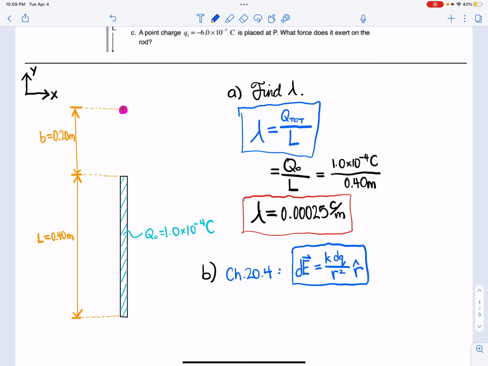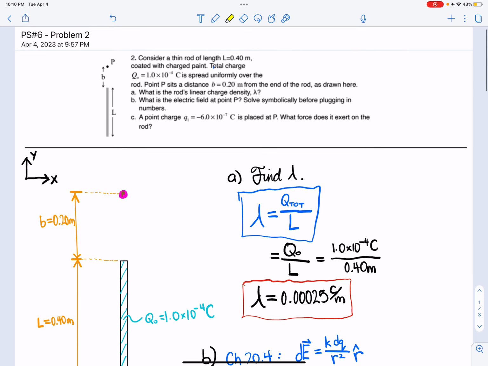So let's look at this a little bit clearer. My thin rod is uniformly charged all throughout here, so it doesn't matter if I take a small piece of it, or half of it, or the entire rod, they're all going to have the same charge density, because that just depends on the material.